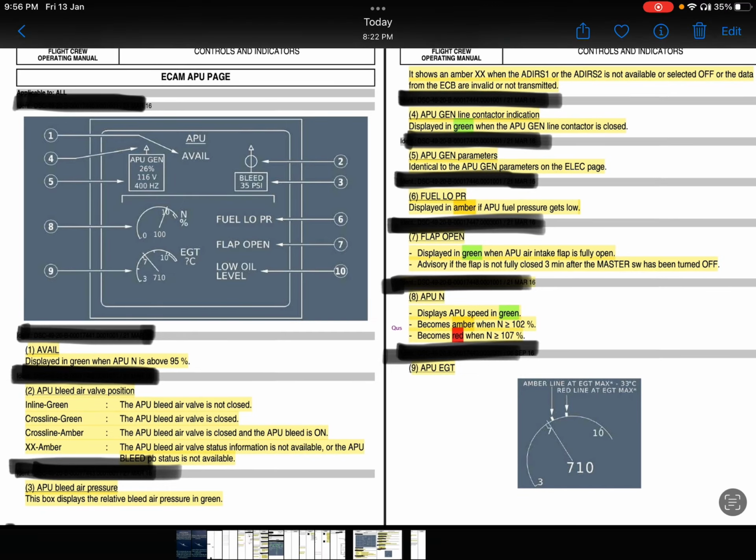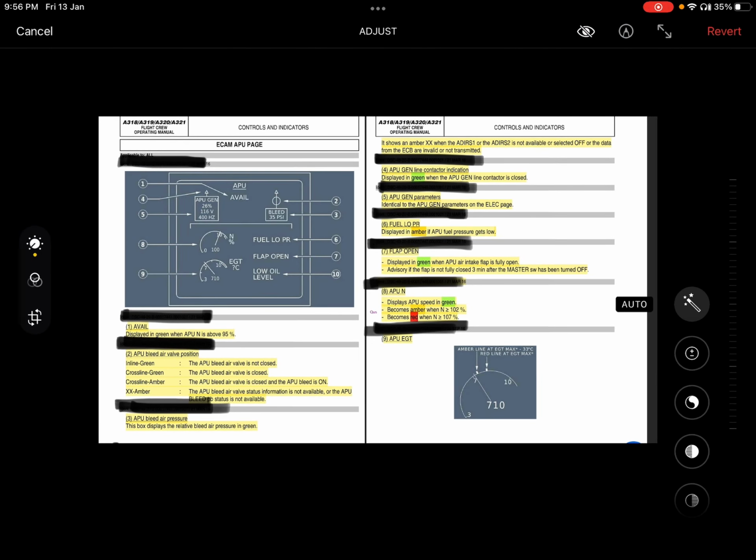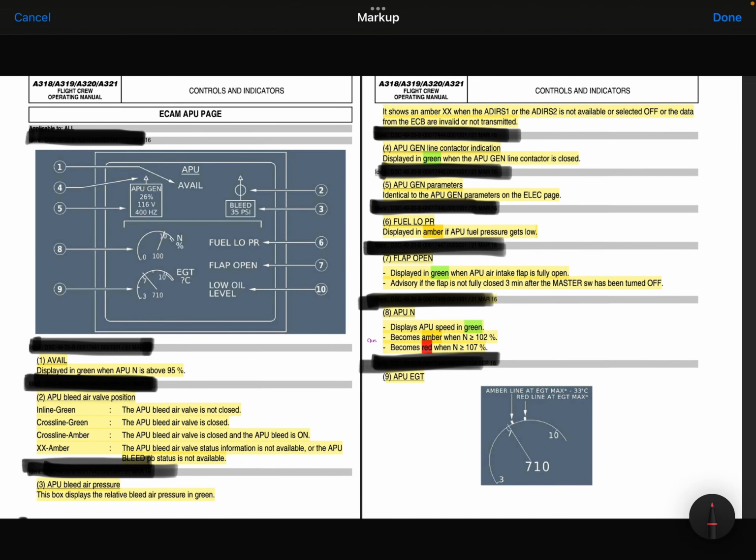The only important number I would tell you is this. This is the limitation of the APU. The maximum the APU can run is up to N 107%. This is the maximum RPM.